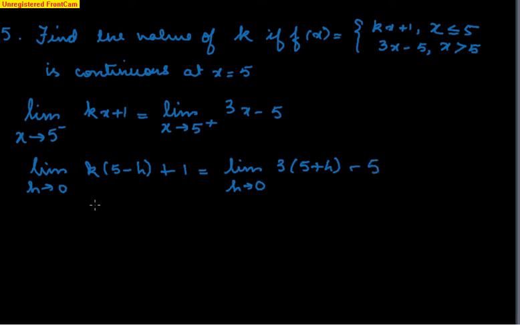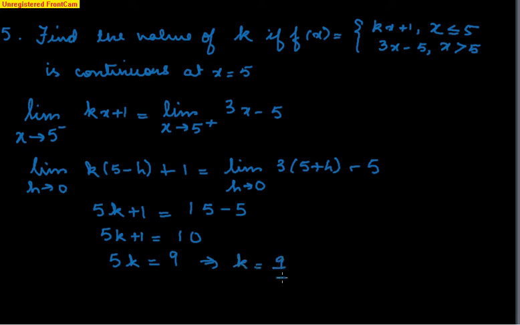When I put h as 0, I get 5k plus 1 and I get 15 minus 5 here, which is 10. So 5k plus 1 is equal to 10 and 5k becomes equal to 9, which implies that k is equal to 9 upon 5.